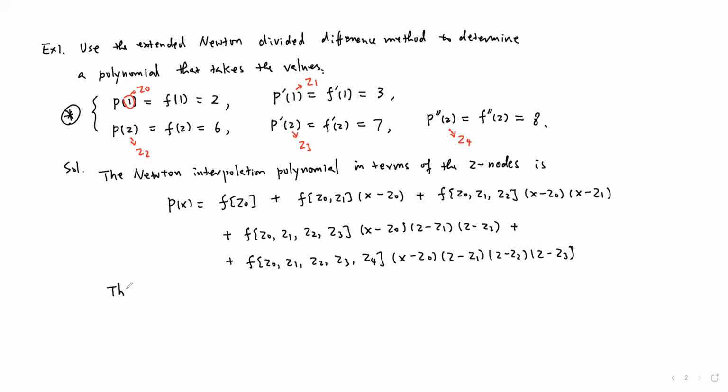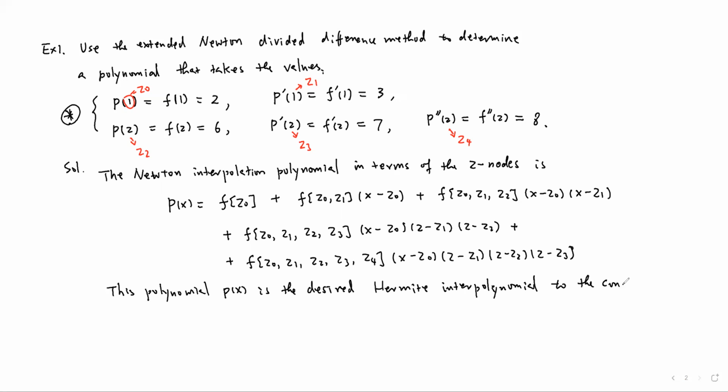This polynomial P is the desired Hermite interpolation polynomial satisfying the conditions in star.